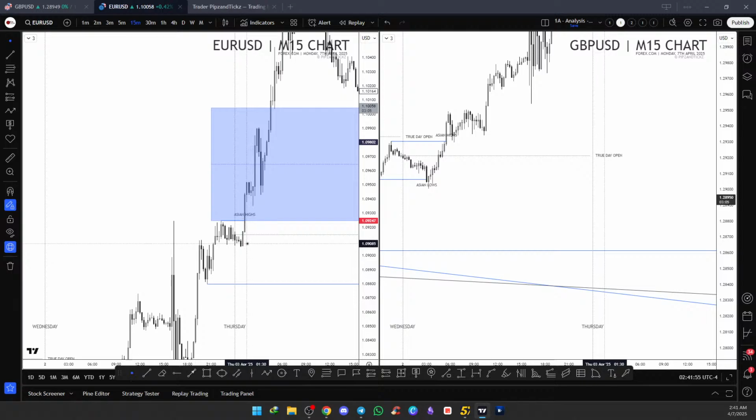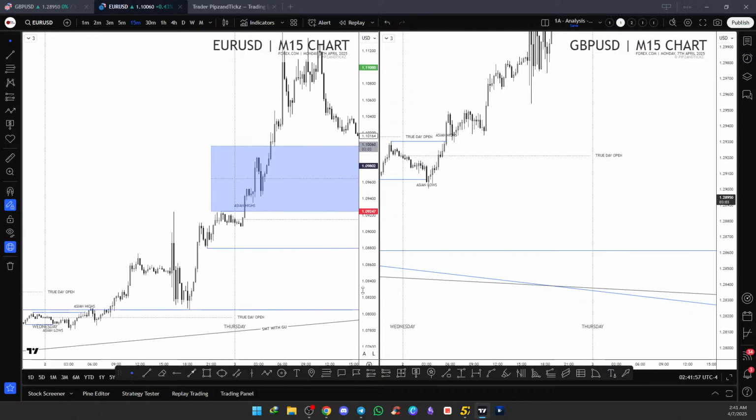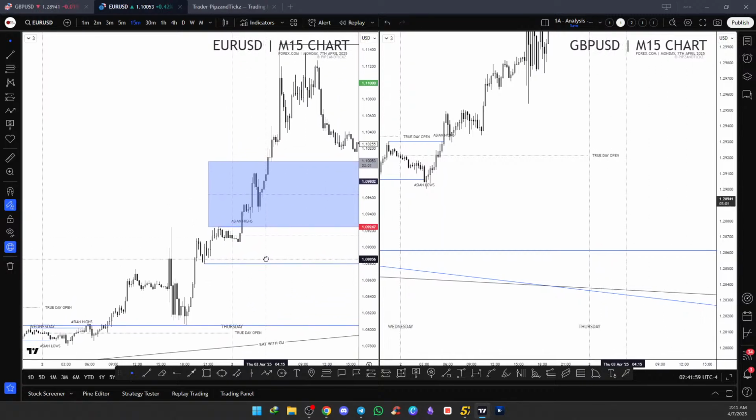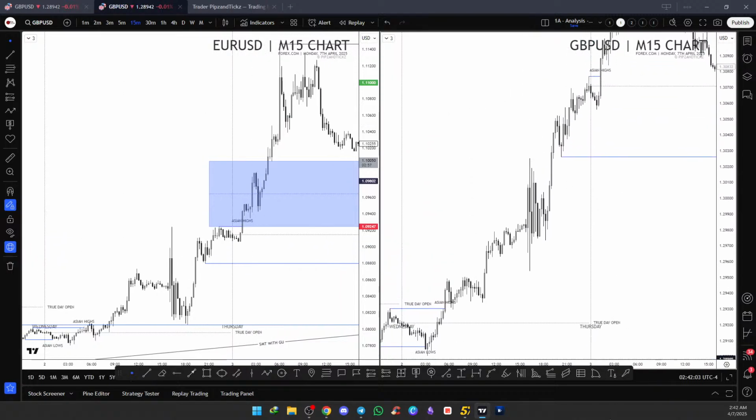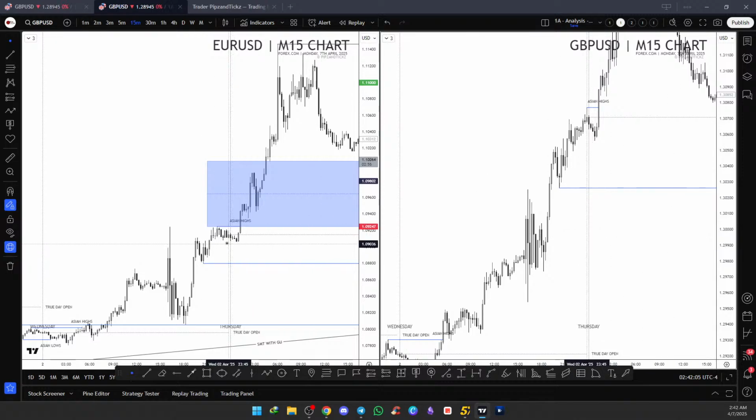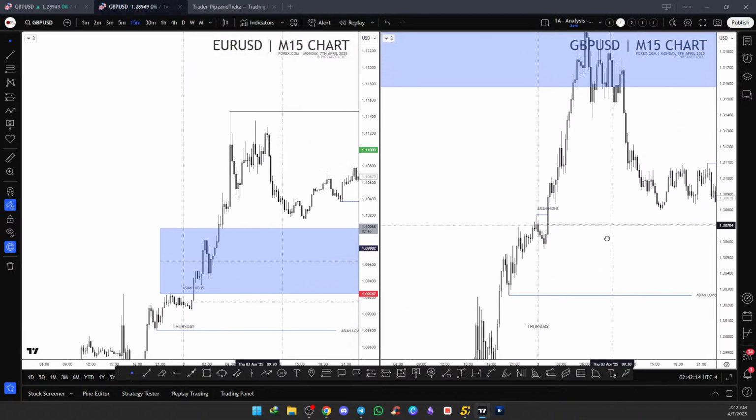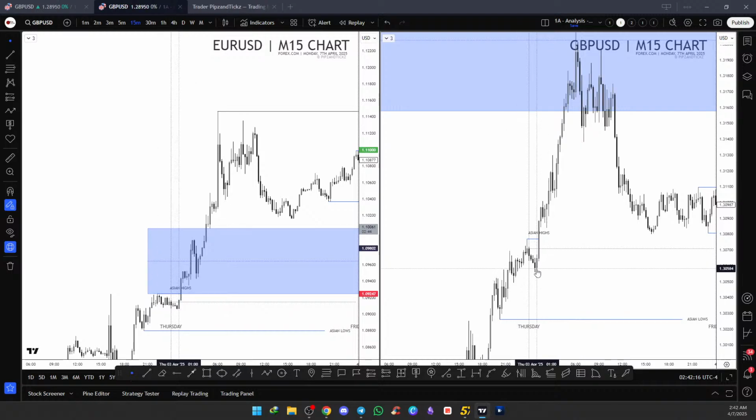What expectations did we have on this day? Right. We were looking for longs from this breaker, but we did not get an entry here. See, this SMT was there on Thursday.